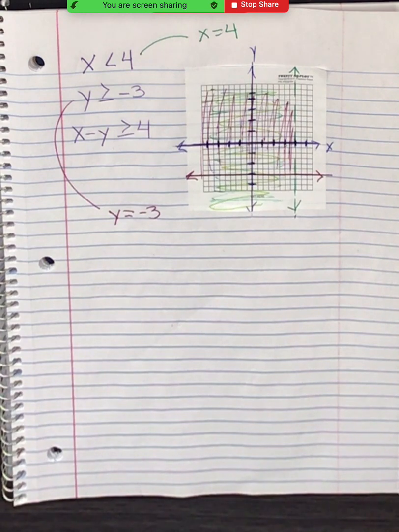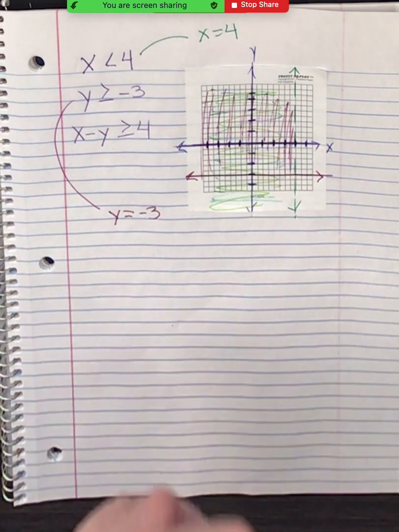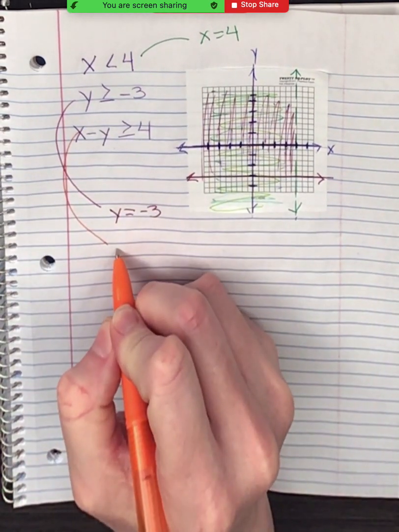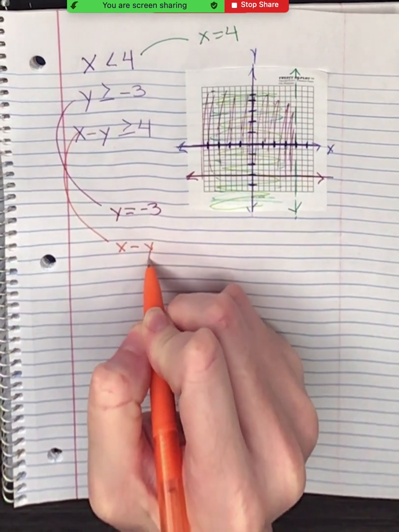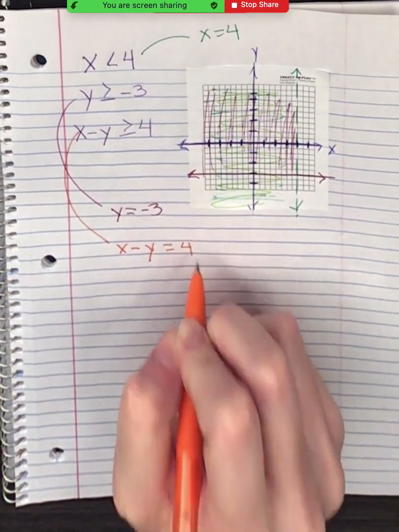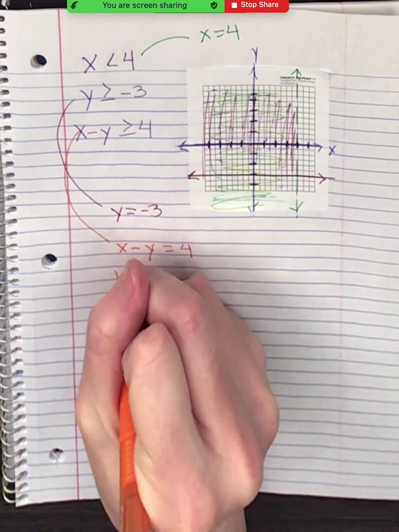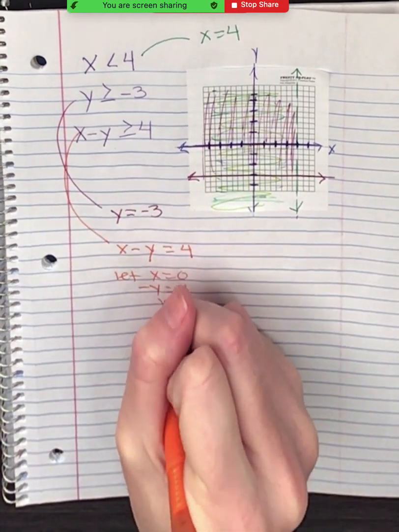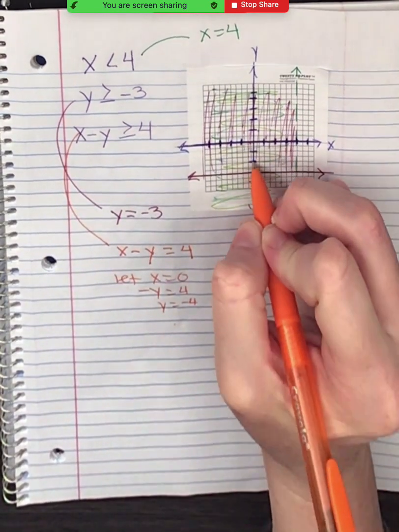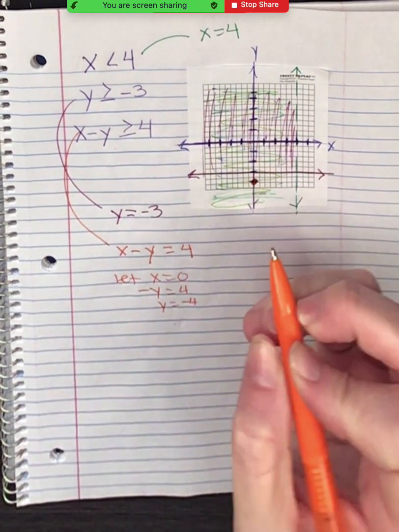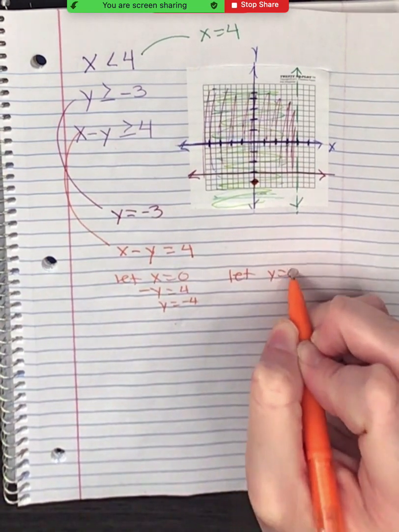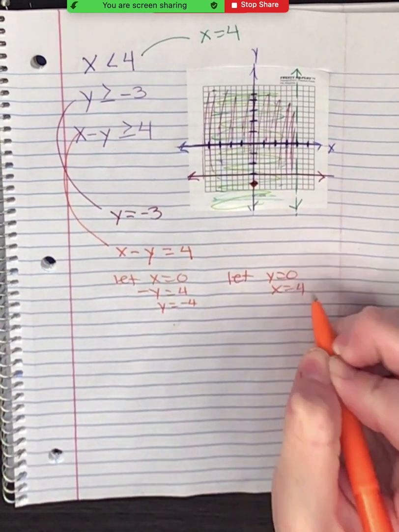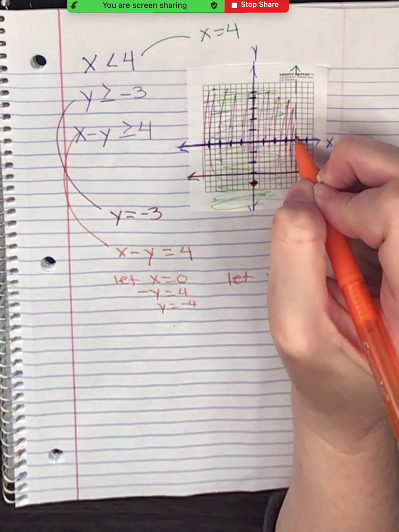And then last, I am going to graph this one. So I'm going to graph the corresponding equation, x minus y equals 4. Okay, so to graph this, right, you let x equals 0, you get negative y equals 4, so you get y equals -4 right here, and then you're going to let y equals 0 and get x equals 4 here.